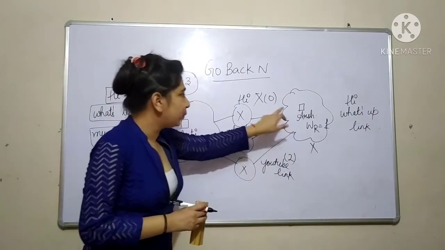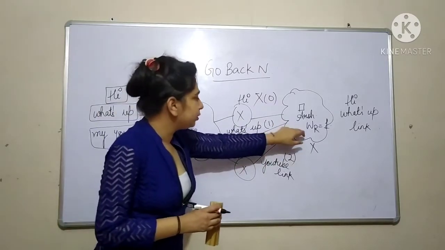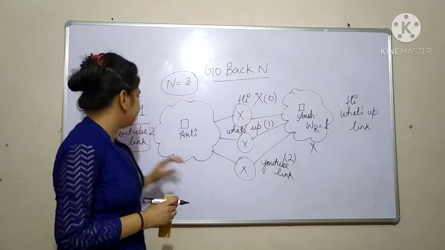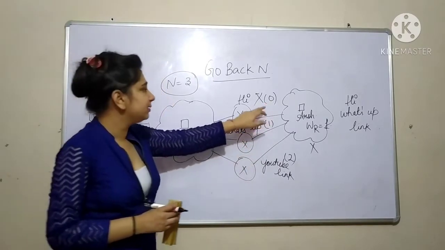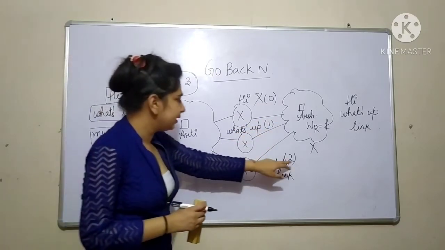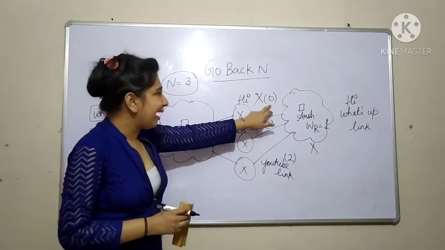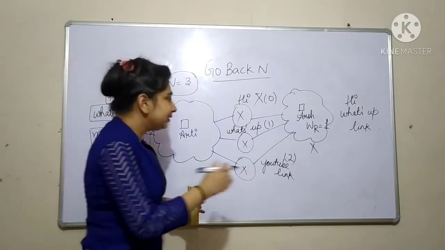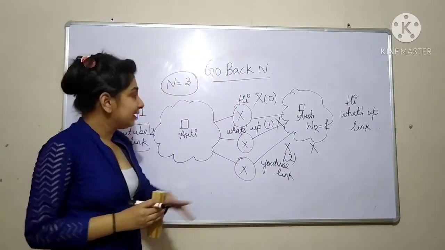Why? Because the receiver is expecting packet number 0. The receiver is going to receive all the packets in the order in which the sender is sending. Firstly the receiver wants packet number 0, then packet number 1, then packet number 2, in a sequence. But our packet number 0 is lost, so the receiver is also going to discard these packets.